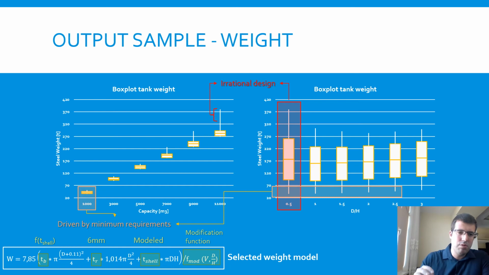So based on the real-world tanks that we collected, 21 in this case, we have estimated for different capacities and diameter to height ratios how much the roof support and the appurtenances figure in the total steel weight, and then we modify that number with this function.